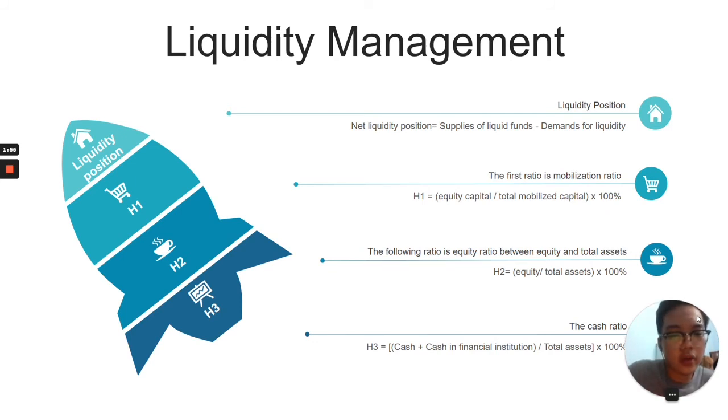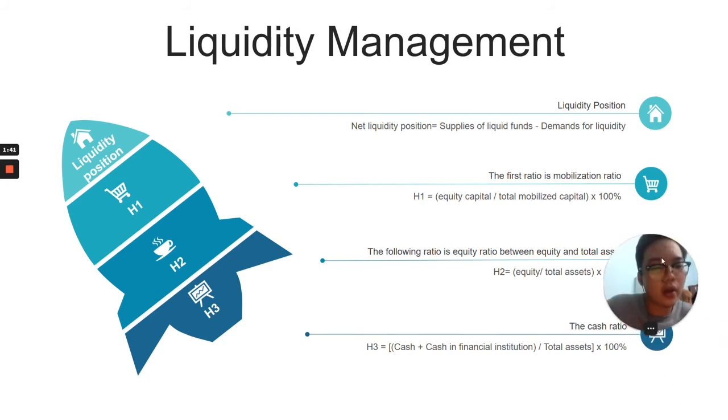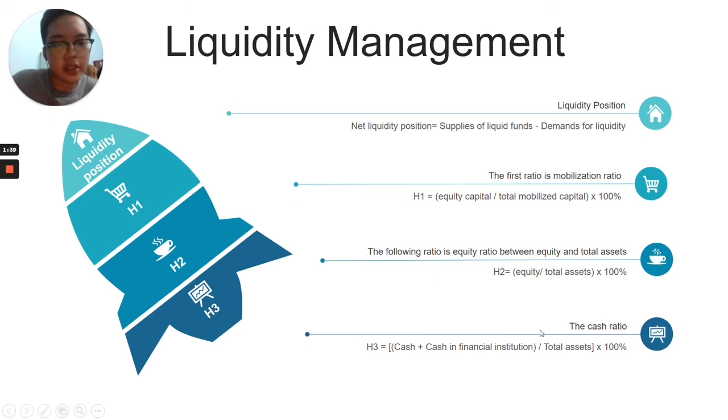The following ratio is the equity ratio between equity and total assets, the H2 ratio, equal to equity divided by total assets times 100%. The last is the cash ratio, the H3 ratio, equal to cash plus cash in financial institutions, all divided by total assets times 100%.